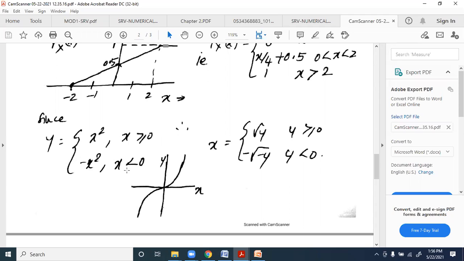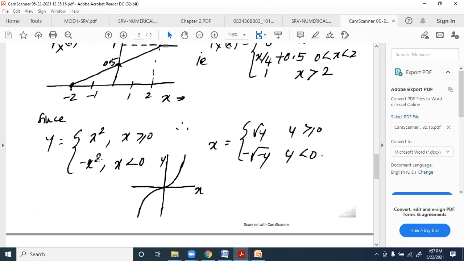When x is less than 0, meaning this side, the value of y is minus x squared. The square of the negative quantity will also be positive, but in addition, we have here a minus.